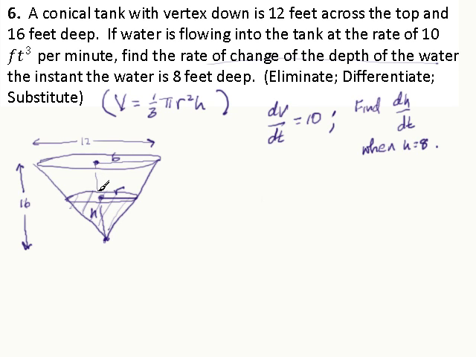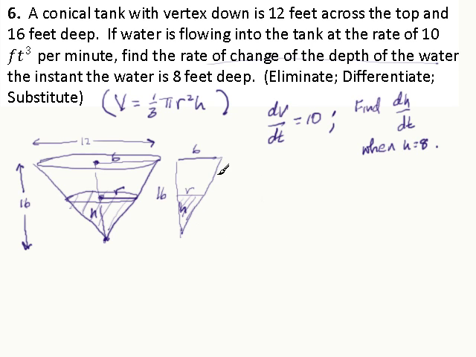Let's look at these two triangles, this large one and this small one. Let's draw it out here. The large triangle has dimensions 6 and 16, and the small triangle has dimensions r and h. These two triangles are similar, which means their sides are proportional.